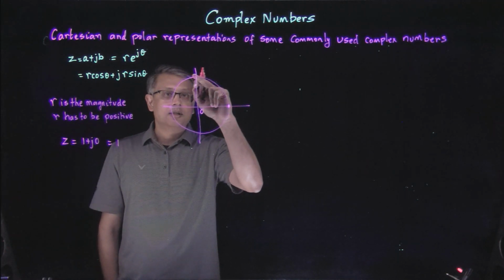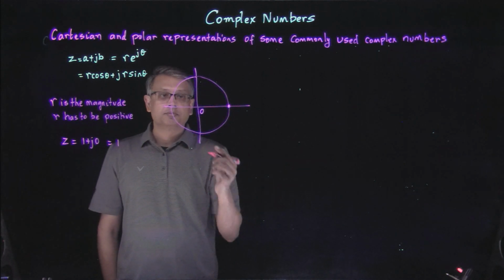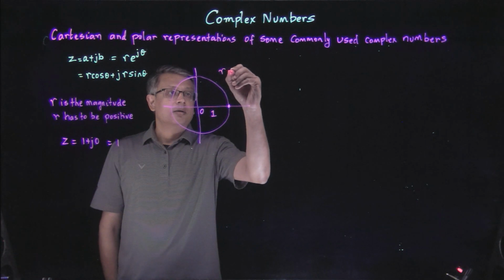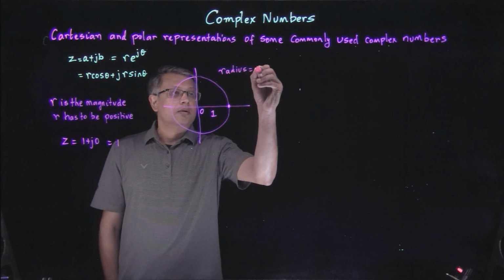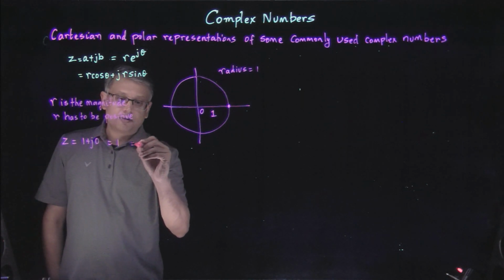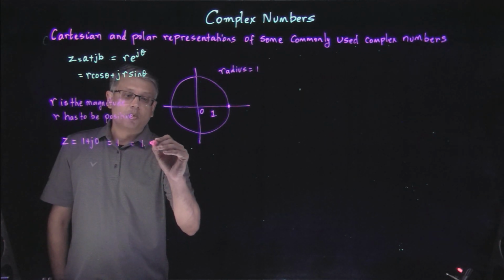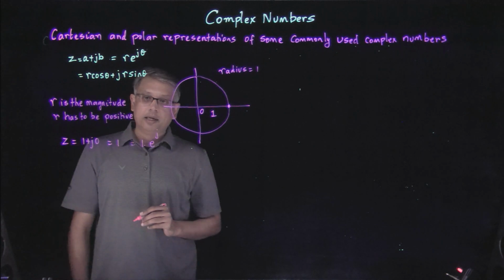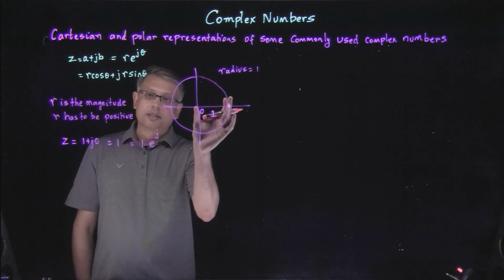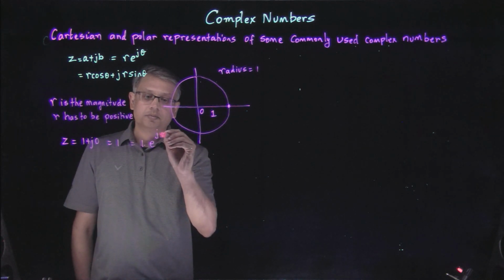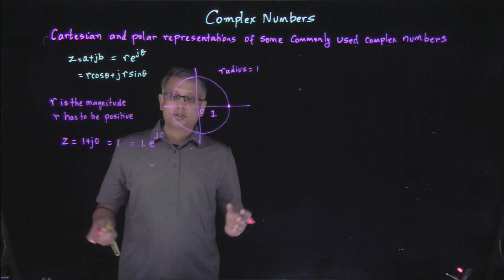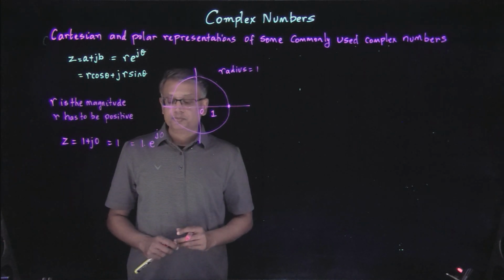By the way, this is a circle of radius 1. And therefore, the polar representation for 1 is 1 times e to the j times, what is the angle that this vector makes with the positive x-axis? That's just 0, right? So 1 plus j times 0 is simply 1 times e to the j 0.